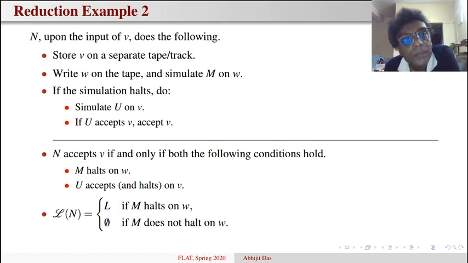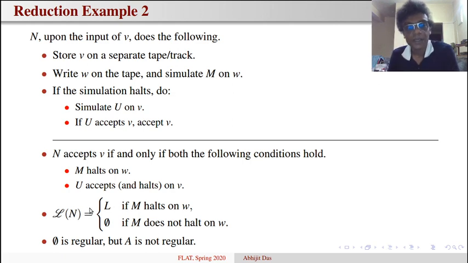Now, the original problem was that if M halts on w, the language of N should be regular. If it does not halt on w, then its language should not be regular. But what we have done is just the opposite thing. But this does not matter.